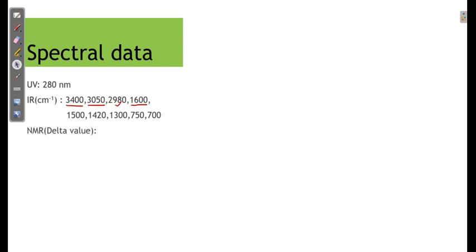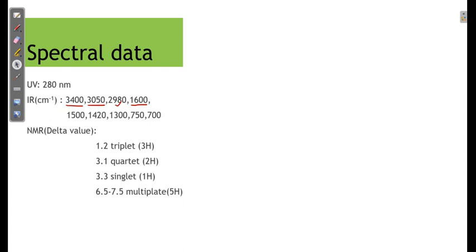Let us see the NMR. This is very important data for us. We have 1.2 triplet 3H, 3.1 quartet 2H, 3.3 singlet 2H, then 6.5 to 7.5 multiplet 5H.